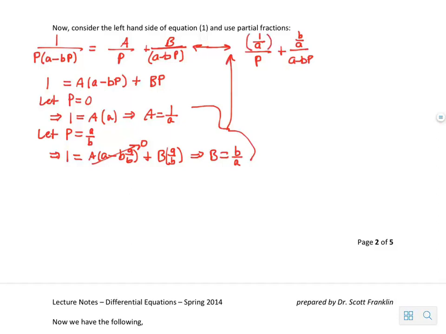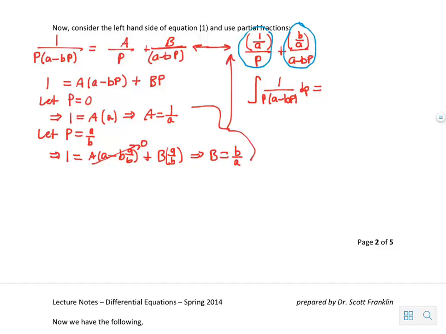Just stick those up here where A and B are. All right, so that means the integral of 1 over p times a minus bp dp is equal to the sum of two integrals now. It's the two terms right there that I want to integrate.